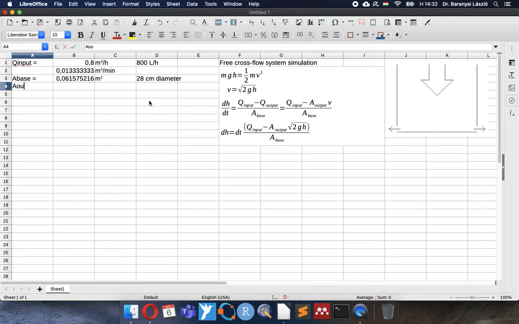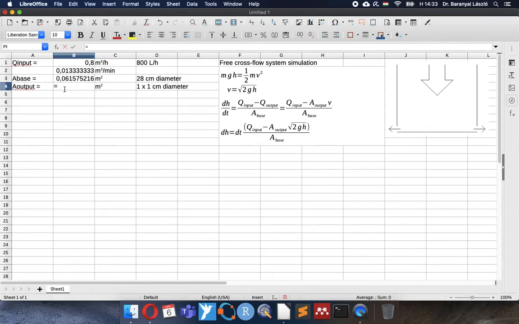What will be the output area? I will make holes, 1 times 1 centimeter diameter hole. I will use my drill to destroy the kitchen dish and make the hole. Initially, I will calculate with only 1 hole, and maybe later we can increase the number of the holes.